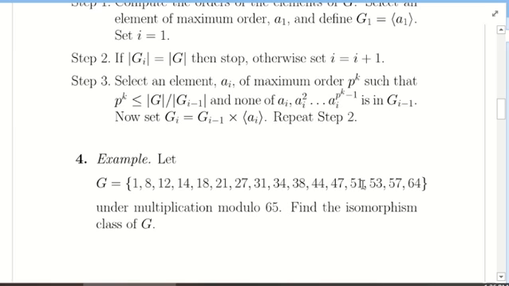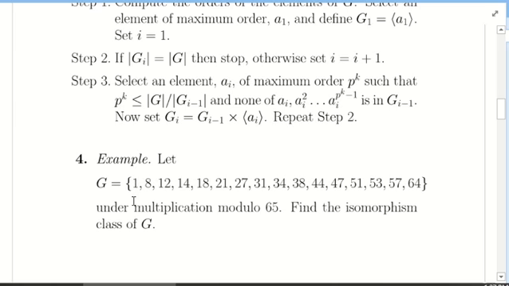We could show directly that it's abelian, but of course multiplication modulo something is going to be abelian. So this is a finite abelian group. We would have to show, I guess, that it's closed, but just pretend I know. So how could we figure out which one it is?